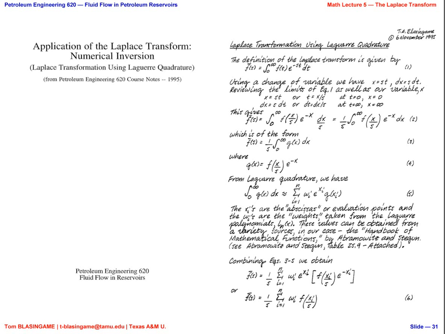So here, based on the definition of the Laplace transform, if you arrange this such that it is expressed in this way, and then you define a certain function g of x, defined like this, you can approximate the integration of this function by the summation of this function times a weighted factor, right?